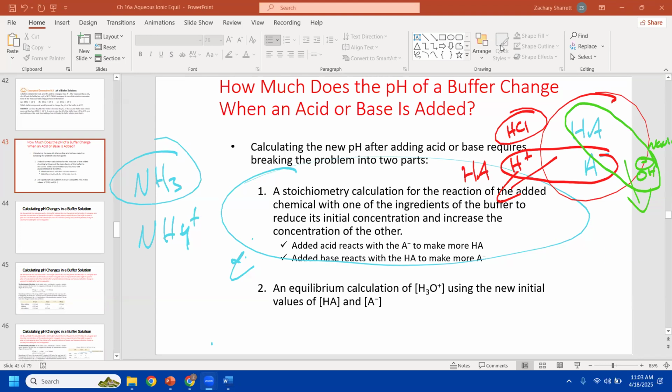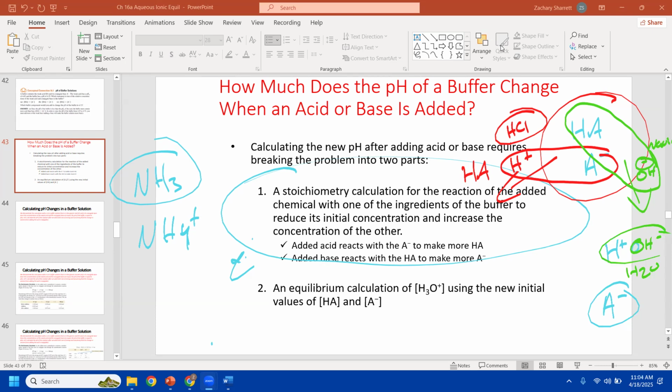The H plus here reacts with the green OH minus to form water. But we generate a little bit of A minus. So adding the strong base is basically, in essence, adding the conjugate base, which is a weak base, and that will only have a very minimal pH change, increasing the pH. So that's how a weak acid conjugate base buffer works.